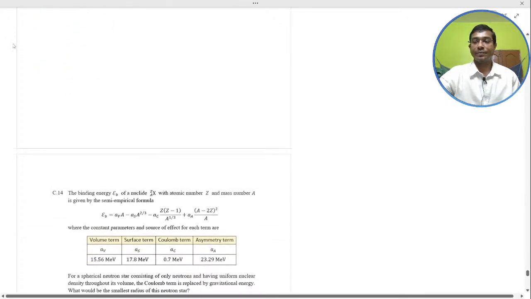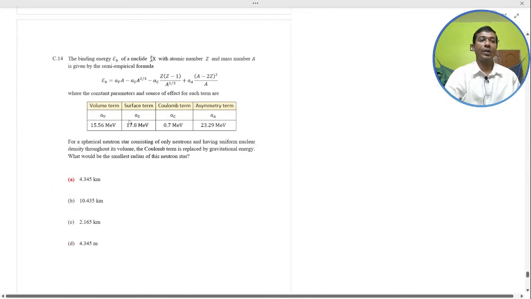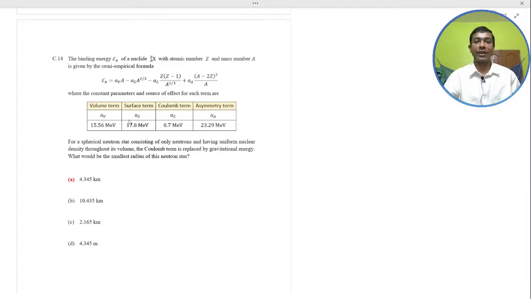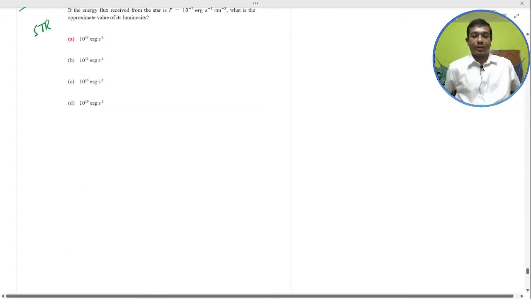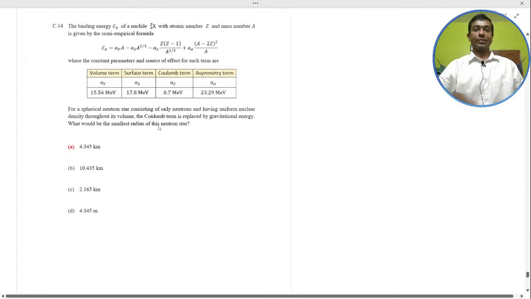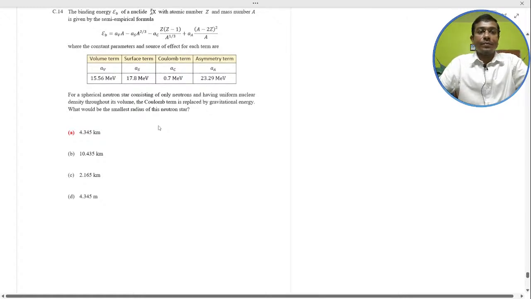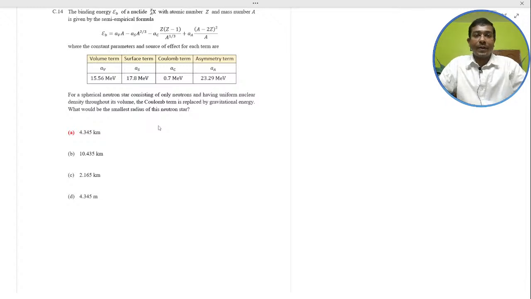Next problem. The binding energy E_B of a nuclide X with atomic number Z and mass number A is given by the semi-empirical mass formula, where the constants, parameters and sources of effect of each term are given in this table.